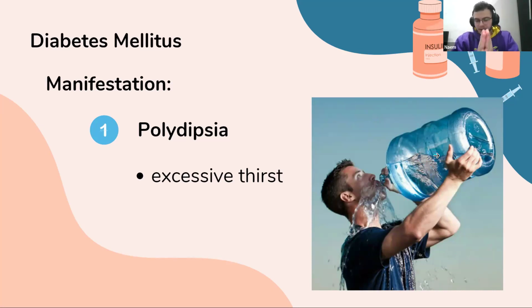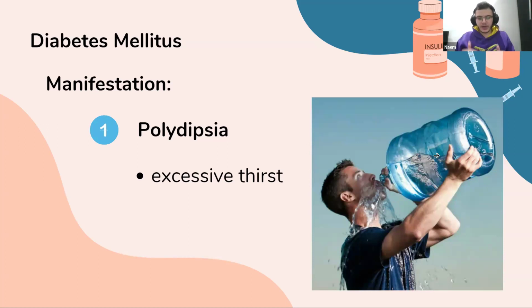Now, why does this happen? Let's talk about it in a physiological way. We said that you have high levels of glucose in the blood, right? It means that it increases the blood osmolality. Now, your body will think that the blood is hyperosmolar.